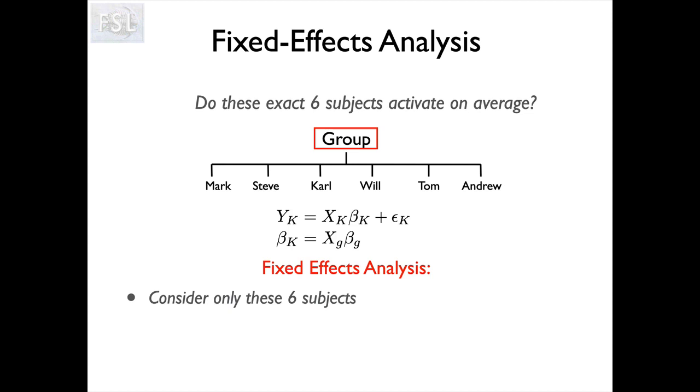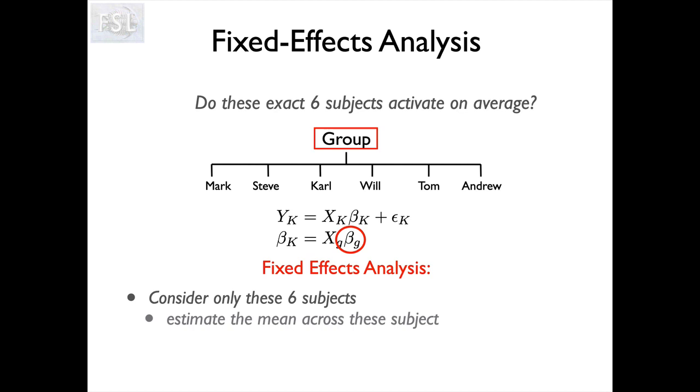So maybe there were 6 subjects which had the rarest disease ever, and there were only 6 cases in existence. In that case, it's just telling us what's happening about these 6 individuals with this particular rare condition. And that might be something that happens. Probably not. Generally, we're not so interested in that particular question. But occasionally we're forced into it. And so it's something that you need to know about.